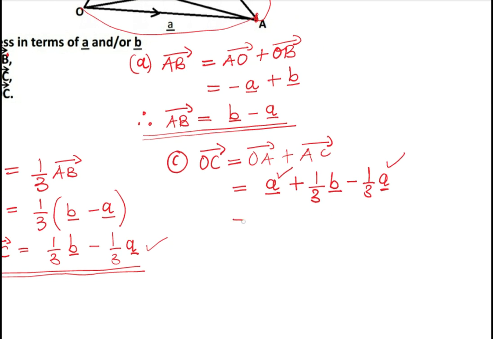So I'm going to have A minus 1/3 of A plus 1/3 of B. Working out this fraction: 3 times A minus A gives 2A, so we get 2/3 A plus 1/3 B. This is our OC.